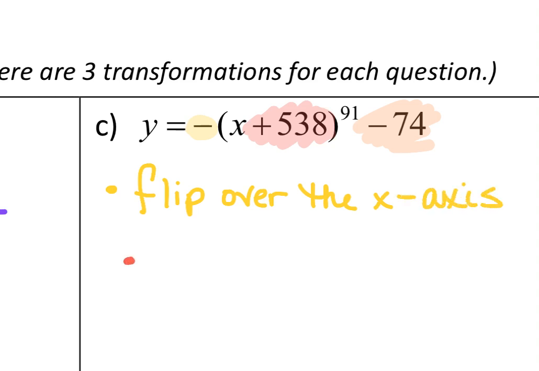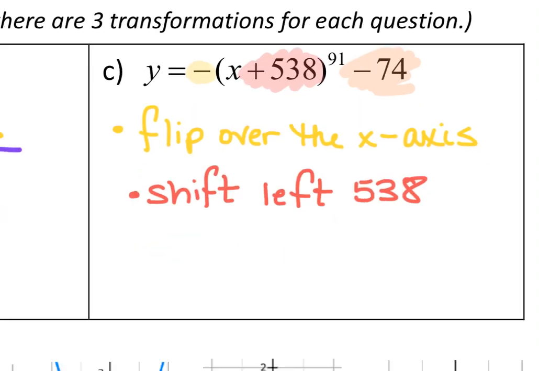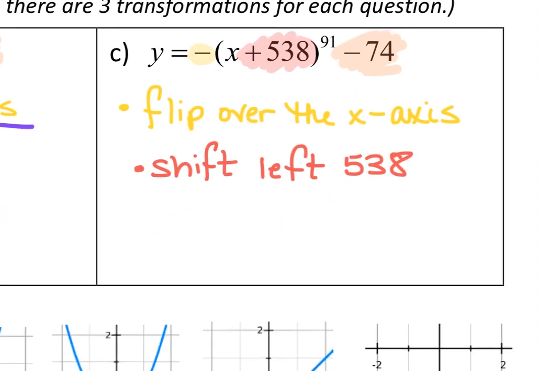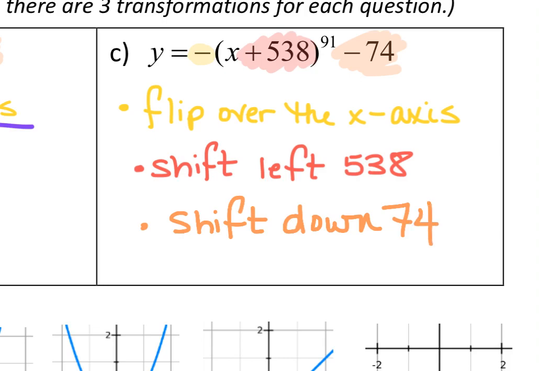And the plus 538 inside the parentheses, remember insiders lie, so that is a shift left 538. And then the minus 74 is going to be a shift down 74.